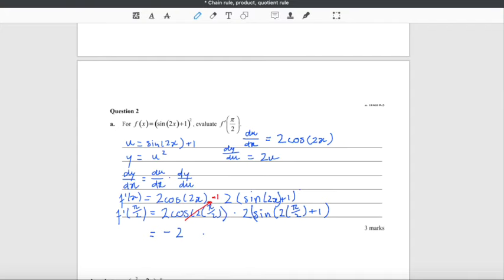Times, all right, let's see if we can work out what this part becomes. So it's sine of 2 pi on 2. Sine of 2 pi on 2 is sine of pi. So this part here goes to 0, because remember, sine is our y values on the unit circle. If we have a look at our unit circle, pi is over here.